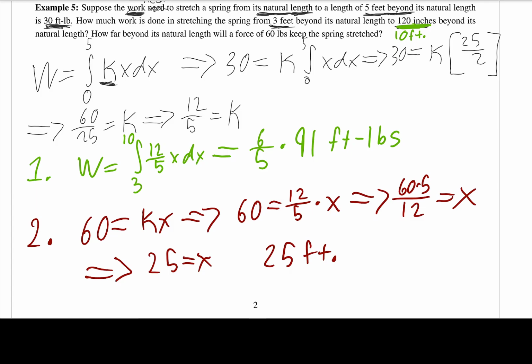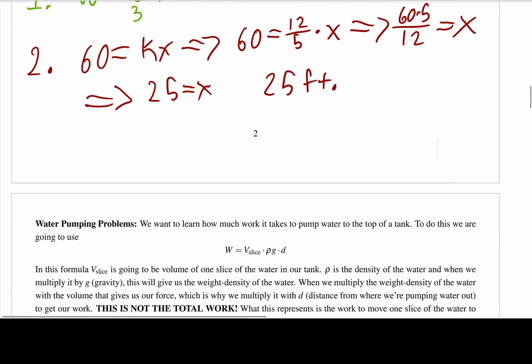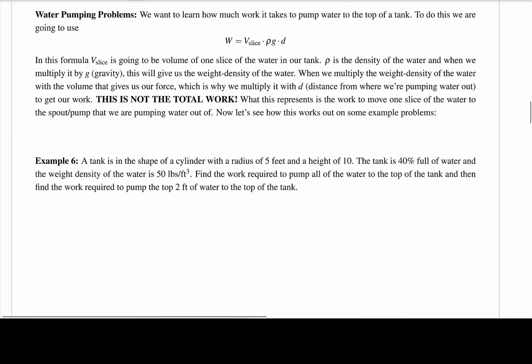Now, let's look at this next set of questions. These are going to be called the water pumping problems. What we want to do here is we have some tank full of water, and we want to know how much work it takes to pump all of the water out of the tank.